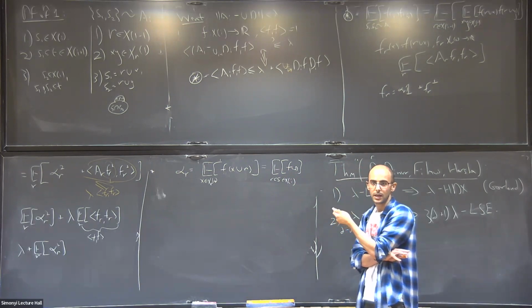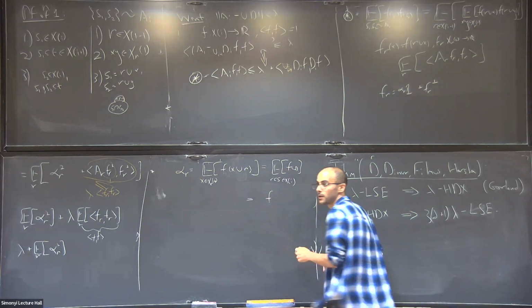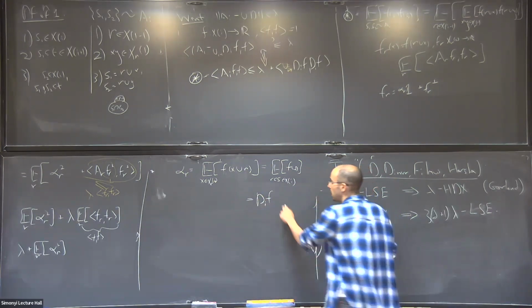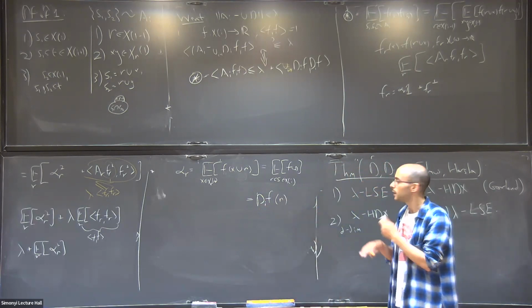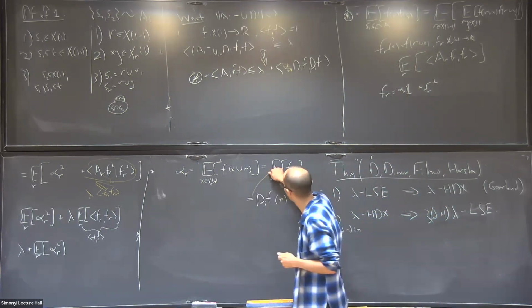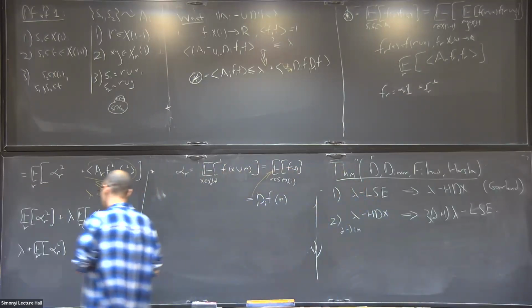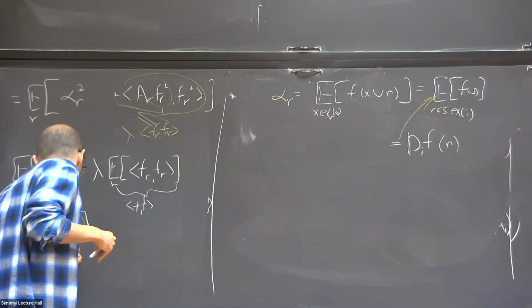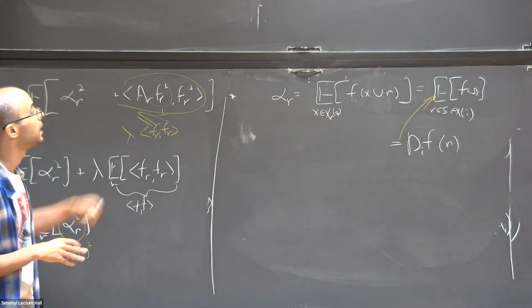So what did I get? This is just taking F, applying the down operator, and evaluating at the point R. If I look back at the definition, this thing was defined to be this. So really what I get here is DIFR squared, which gives me what I want.